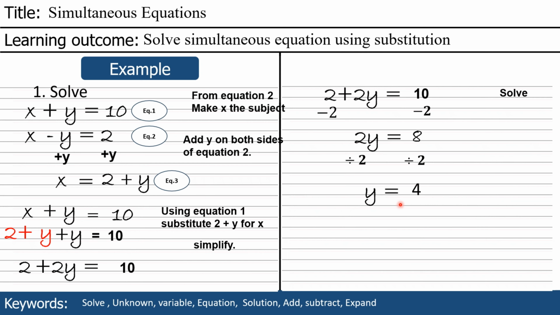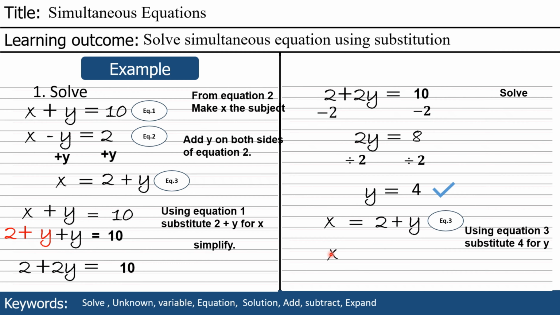So y is equal to 4, and now it's time for us to find our x value. So we will use equation 3 to find our x value. So using equation 3, remember equation 3 is right here, x equals 2 add y, and using equation 3, we're going to substitute 4 for y, meaning replace y with 4.